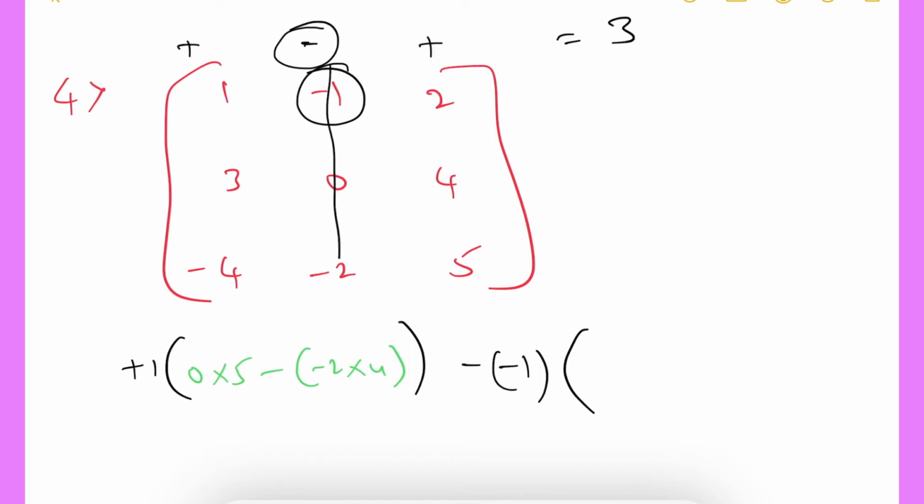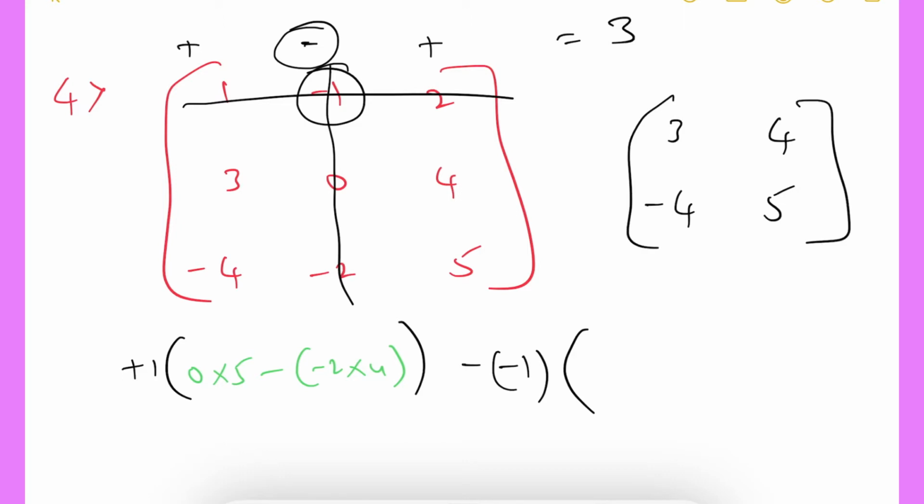Now remove the total column and total row. Then we remain with 3, 4, minus 4, 5. If you find out the determinant for this, 3 into 5, 15, minus 4 into 4.